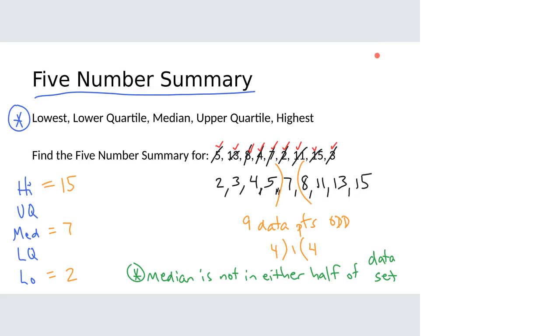All right, so finding the lower quartile here, the lower quartile is the median of the lower half. In the lower half, I have 4 data points, which means, and since that's an even number, I won't have one right in the middle. There'll be 2 below and 2 above.